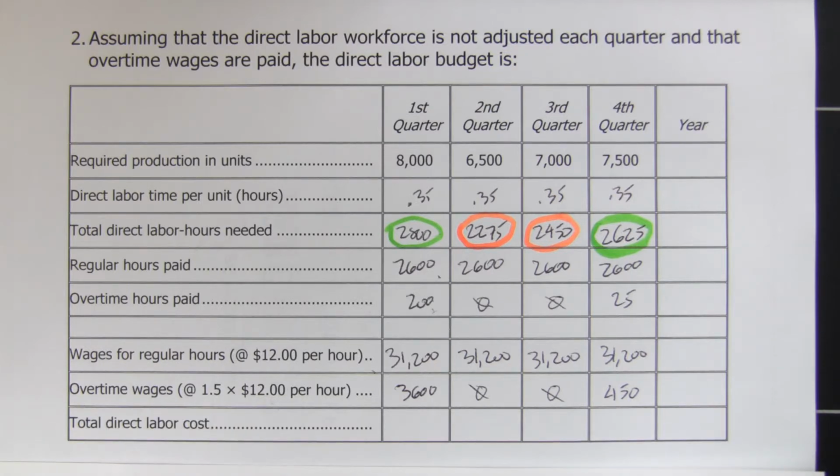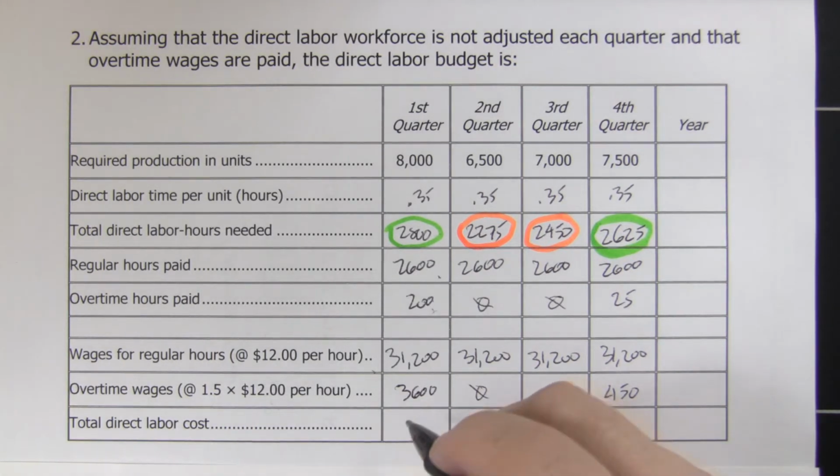So the total direct labor cost, if we have the labor constraint of a minimum number of hours and overtime, is $34,800 for the first quarter.